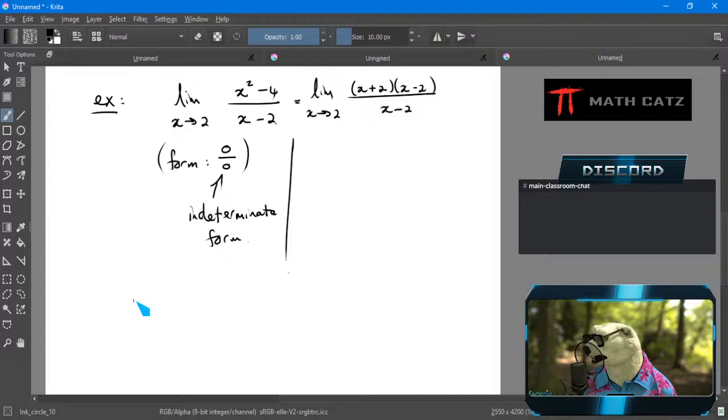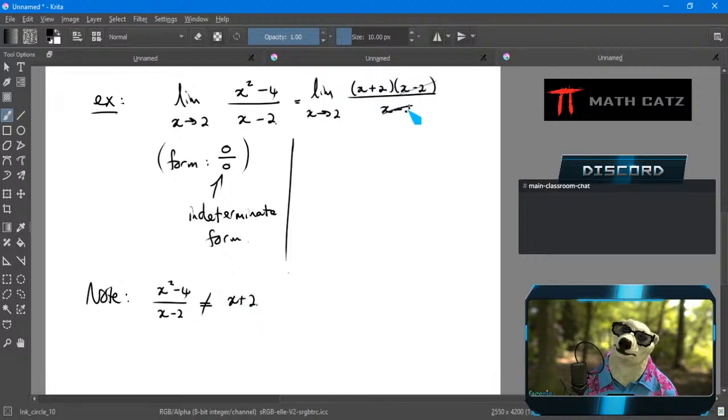Now I cannot say that the function in its original form is equal to x plus 2 when I cancel these two. That is not true. They're not the same because the left one is not defined at x equal to 2. The right one is. They're not the same function.